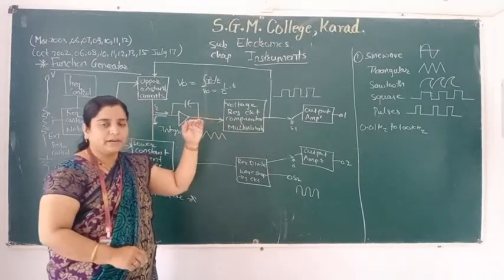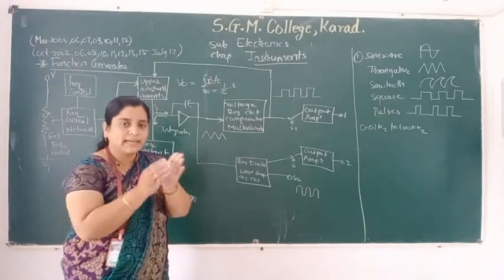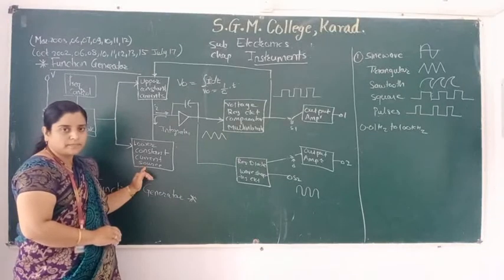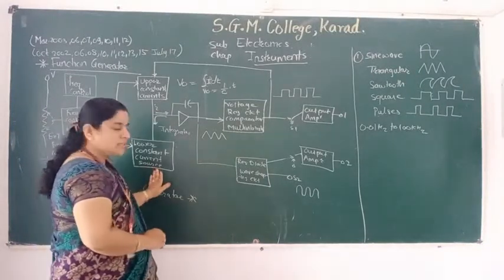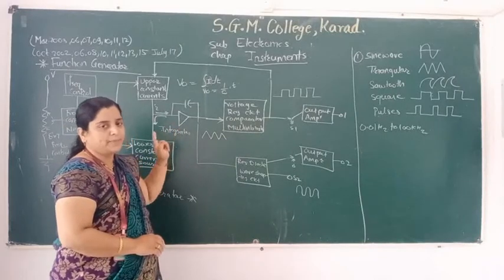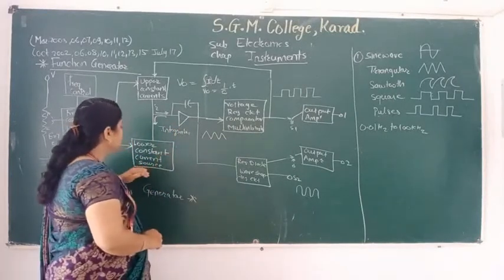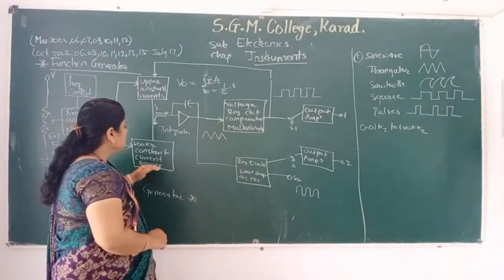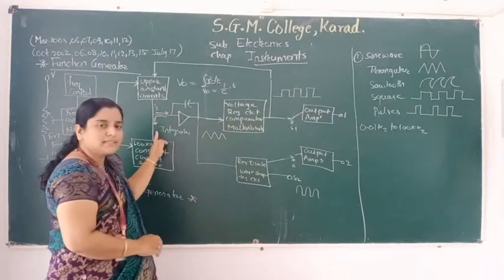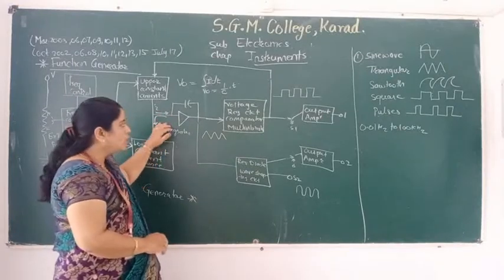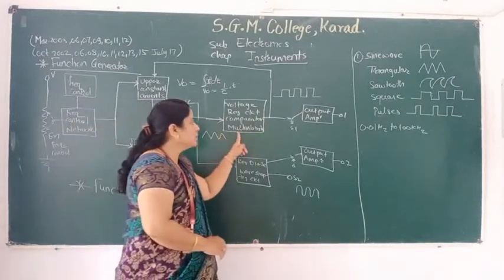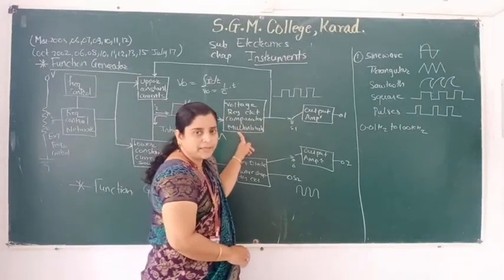After that level, it cuts off that voltage and gives back to the lower constant current source. Then the lower constant current source is again connected to the integrator, but the current will flow in the reverse direction, so the voltage will not increase, it will decrease and be given to this multivibrator circuit.